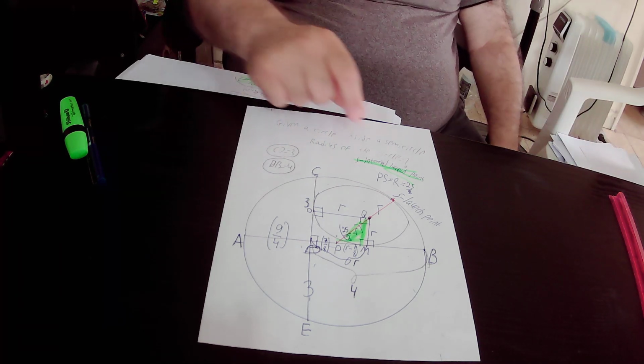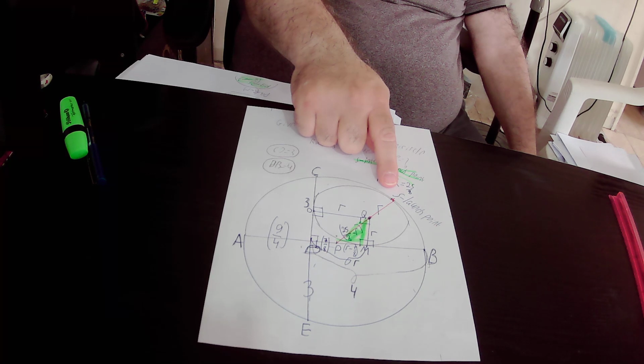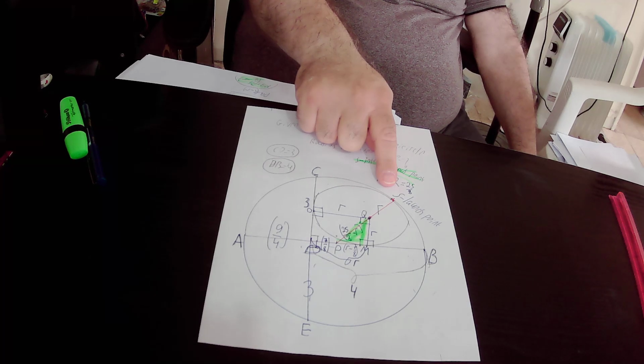Then here we have this point. In this point, the small circle touches the big circle. This is the touching point of the big circle with the small circle, the point of tangency of the 2 circles. We can also define this point as point S. Point S is also called a launch point between the big circle and the small circle.